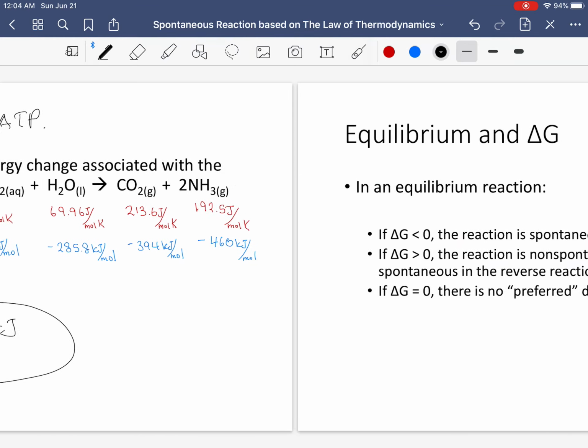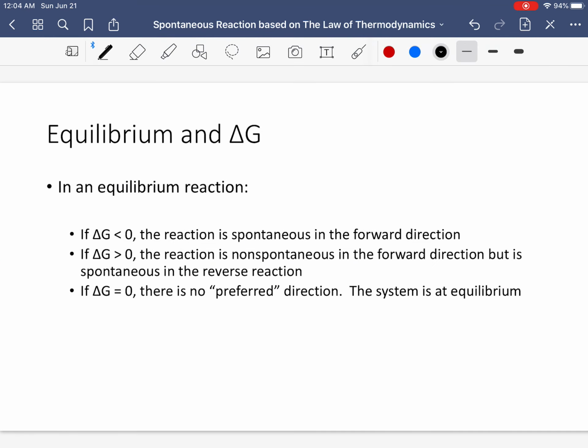Now, the second thing that I want to show you deals with equilibrium. Yes, I'm sorry, but we're going to have to look at equilibrium. At least, how does that relate to delta G? So, in an equilibrium reaction, where the reaction can go forward and backward, when delta G is a negative number, the reaction is obviously spontaneous in the forward direction.